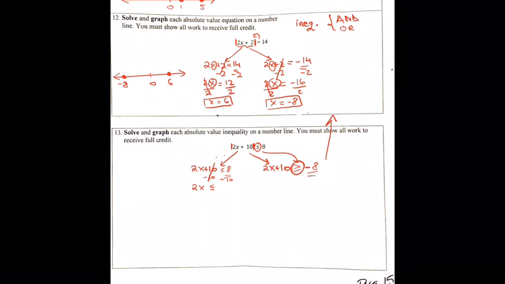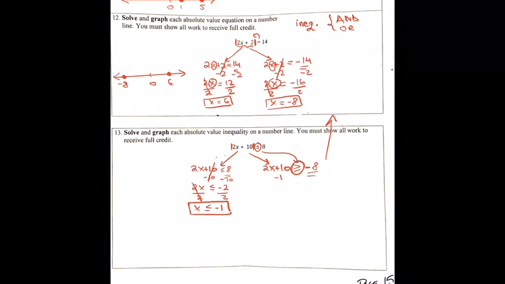So I'm subtracting a 10 on both sides to get rid of that 10, the constant. So I get 2x less or equal than negative 2. Next thing I have to get rid of is 2, so I'm dividing on both sides by 2, and I get x is less or equal than negative 1. And I'm done solving the first one.